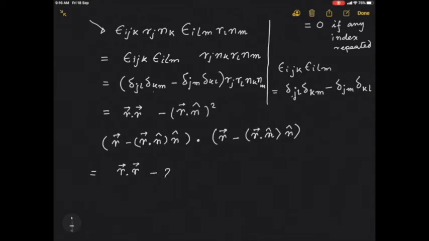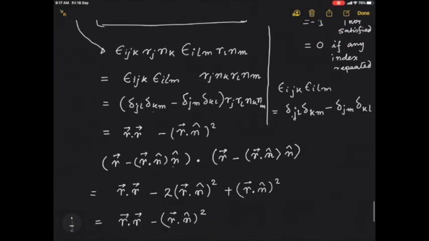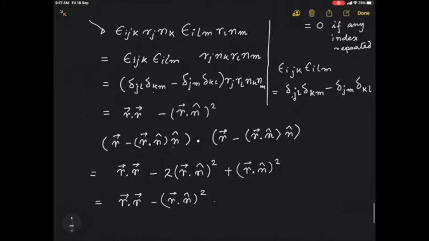So what do I get? First term is r dot r. Second and third terms are the same, so it's minus 2 r dot n cap times r dot n cap, the square of that. And the third term, n cap dot n cap, is obviously 1, so this is again r dot n cap squared. So this is essentially r dot r minus r dot n cap squared.